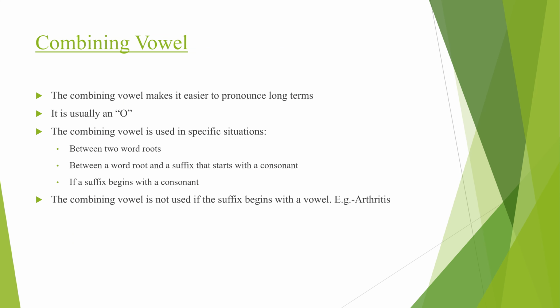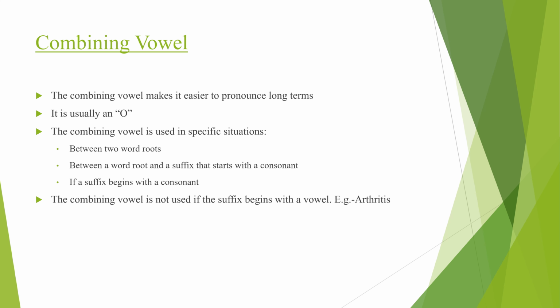Coming to another word part, the combining vowel makes it easier to pronounce long medical terms. In most cases, the combining vowel is an O, but it can also be I or an A. The combining vowel is used between certain word parts in certain situations. Specifically, you will find the combining vowel between two word roots and between a word root and a suffix that begins with a consonant.